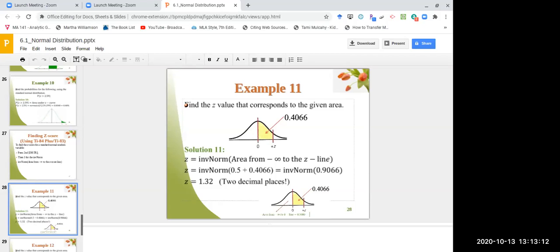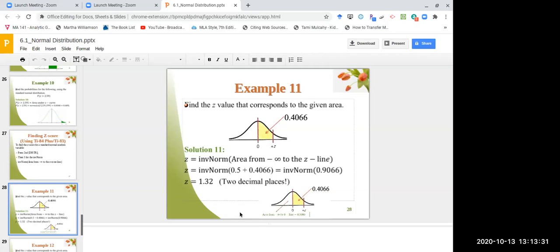So this is going to be your answer here. And z-scores round to 2 places.